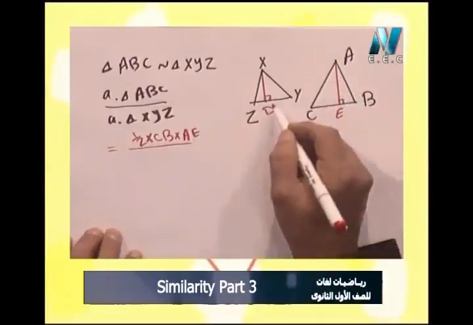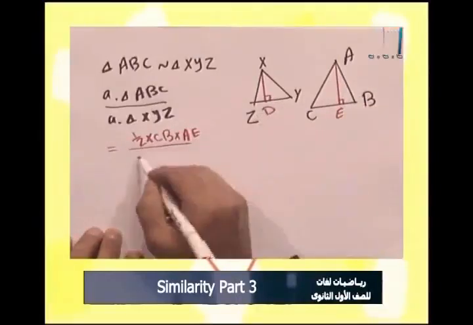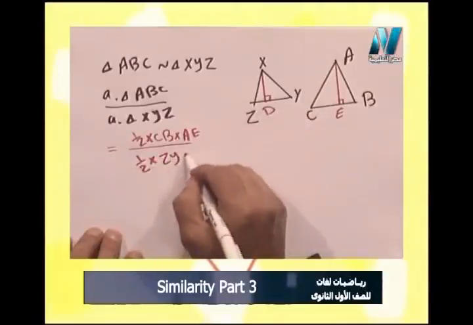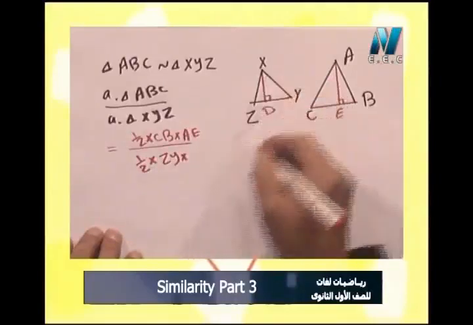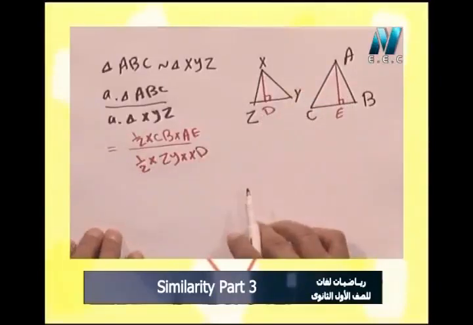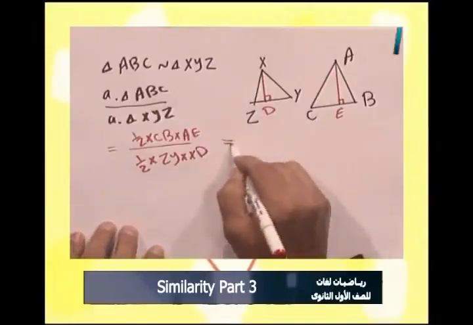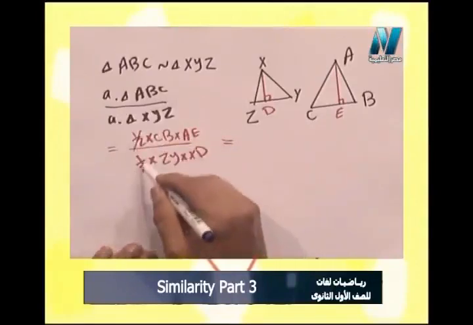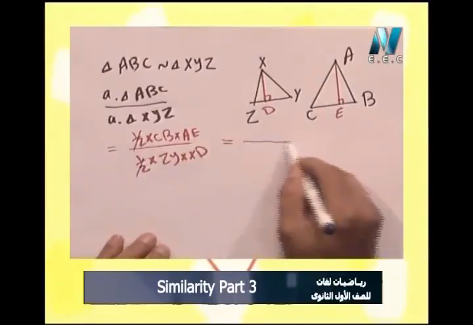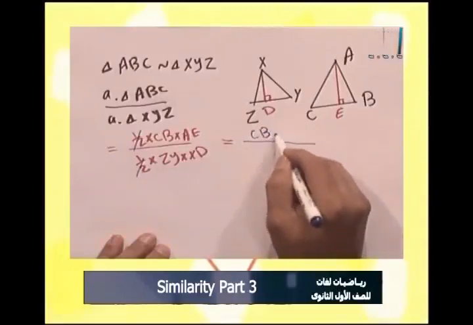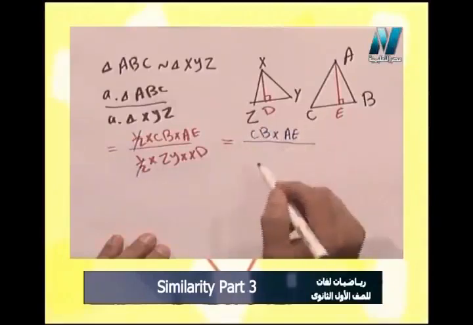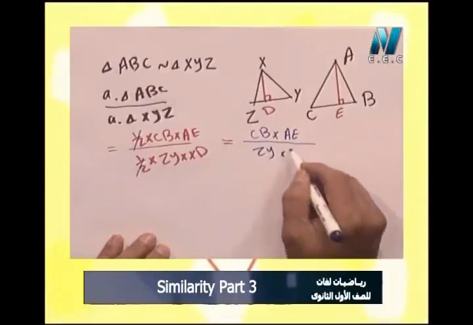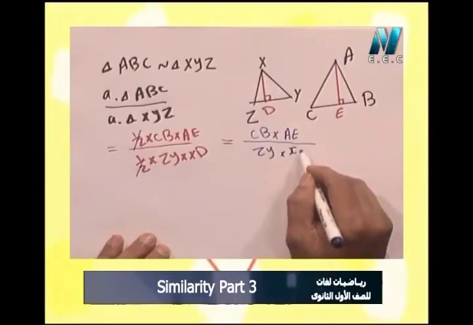And the area of triangle XYZ will be half ZY, which is base, multiplied by the height, which is XD. So we can simplify this. Half cancelled with half, so the final answer will be CB multiplied by AE over ZY multiplied by XD. Okay?